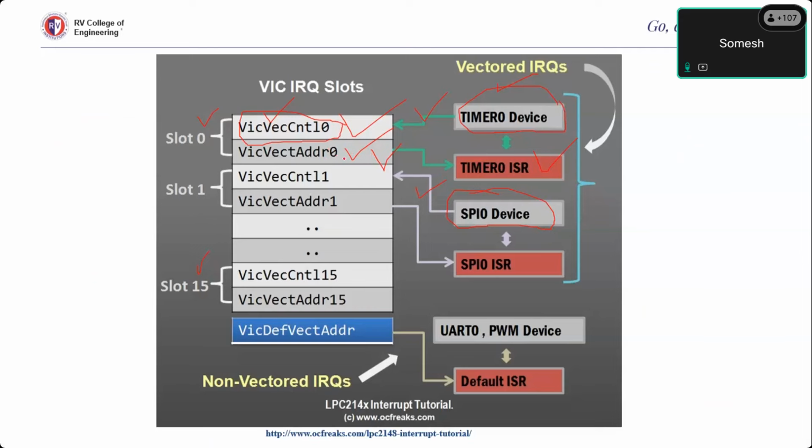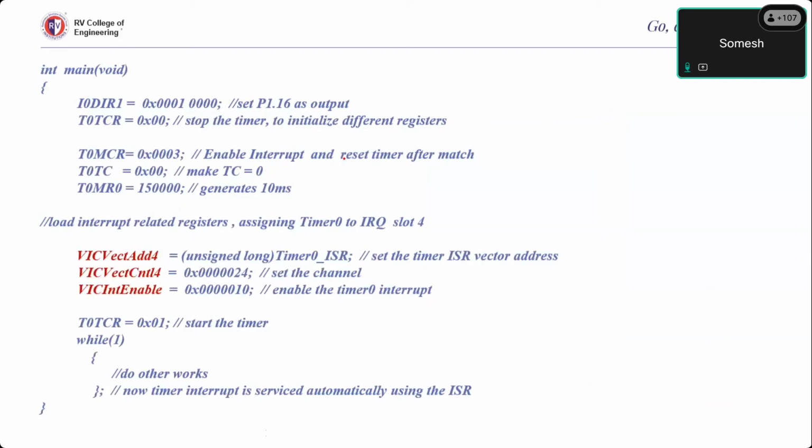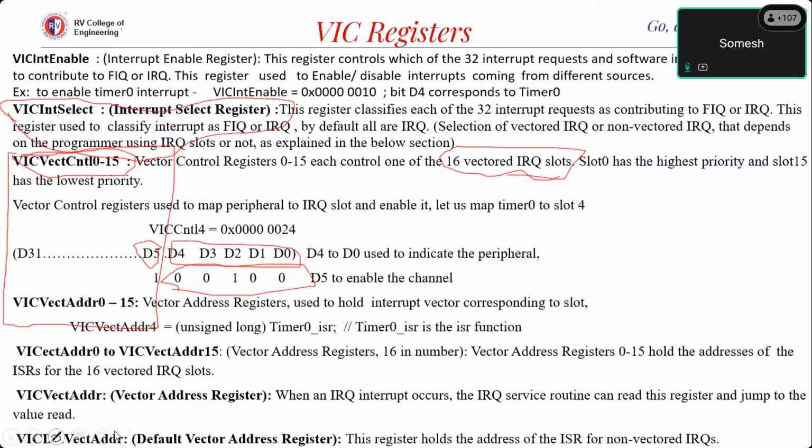Now let's go to another register. So now we have understood the vector control register and vector address register of the 16 slots. Now there is another register called the default vector address. So what is the meaning of this one? I said an interrupt is of three types: FIQ, vectored IRQ, or non-vectored IRQ.